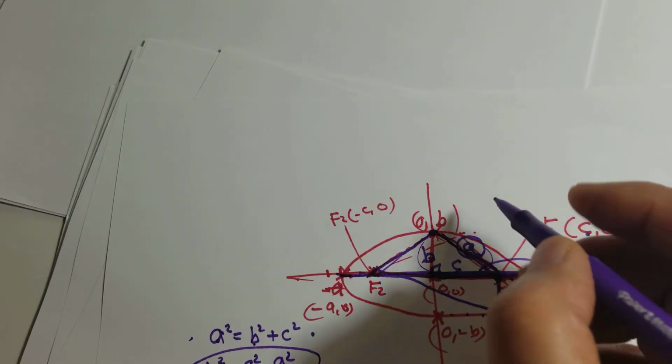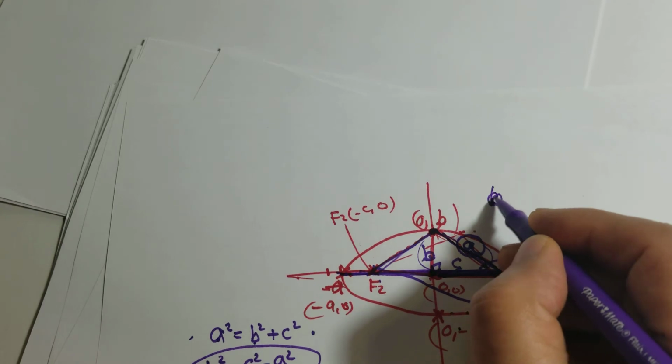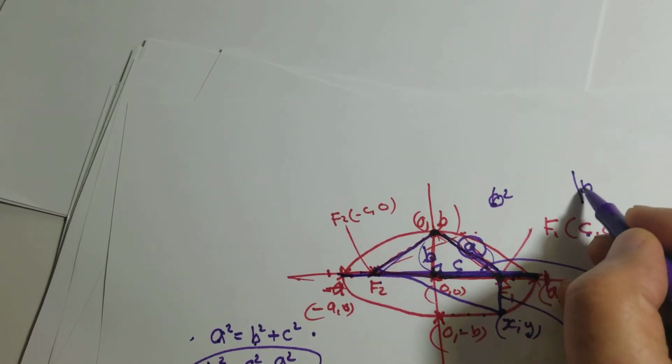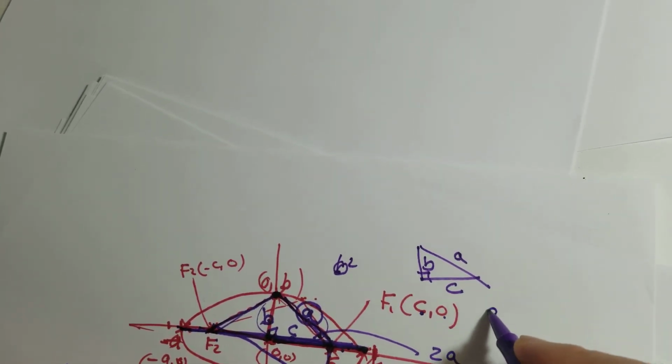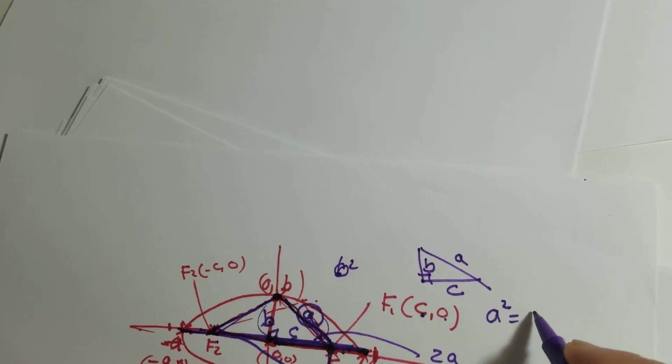This relationship, you always have to remember. This is not the Pythagorean theorem. Unlike the Pythagorean theorem, here the hypotenuse is a, so a squared equals b squared plus c squared.